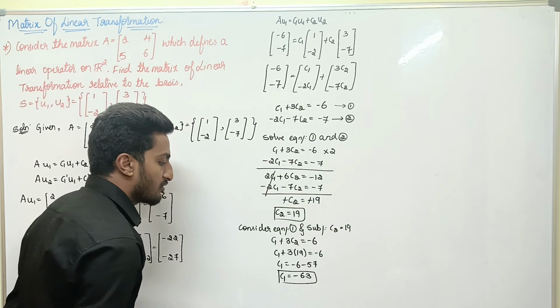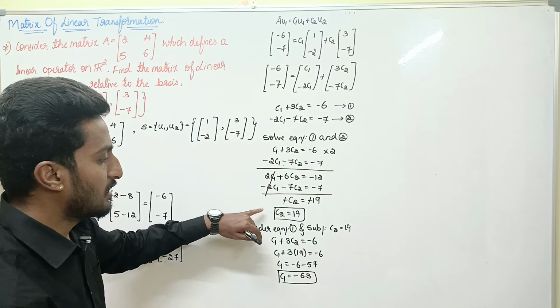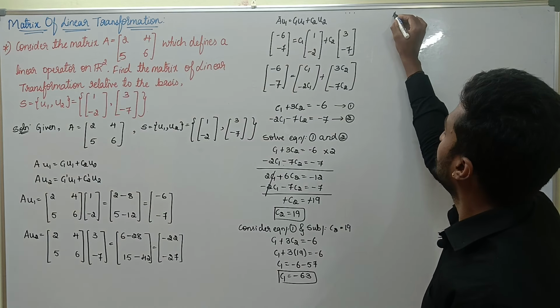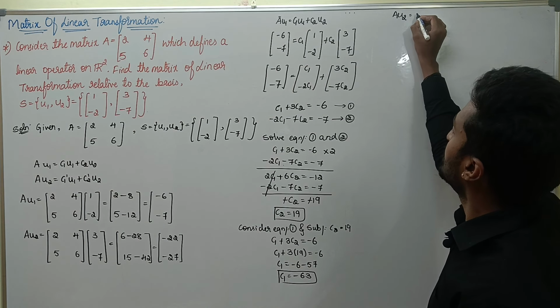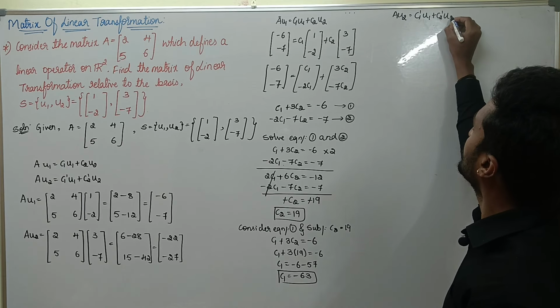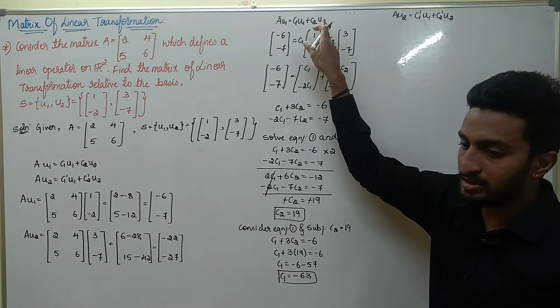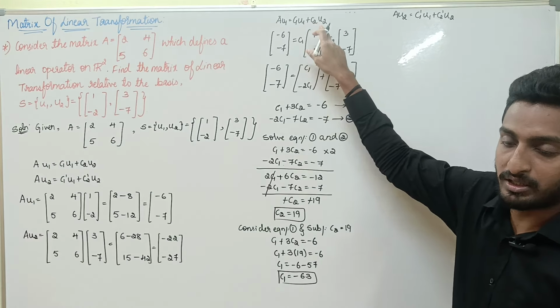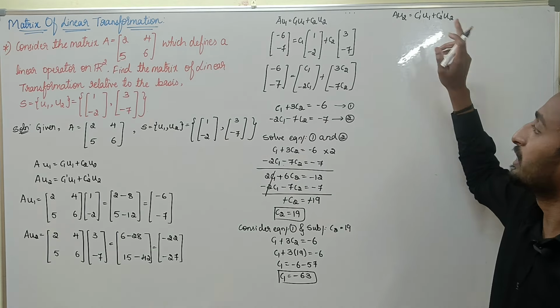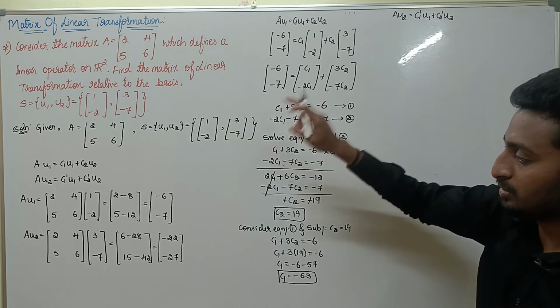This is the coefficient value of C1 and C2. Similarly, now let us find AU2, which is equal to C1 dash U1 plus C2 dash U2. Or else we can represent C1, C2 as A11, A12 and C1 dash as A21, A22. What is AU2?